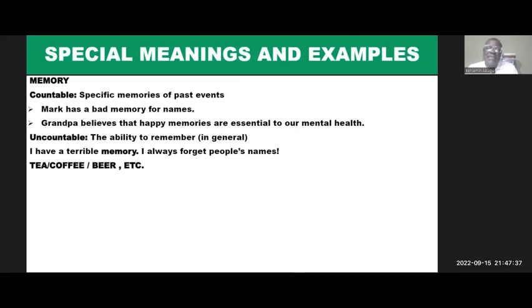Then let's look at tea, coffee, beer, and so on and so forth. Then we can use these either as countable or uncountable. And don't forget, when we are looking at an uncountable noun from its countable perspective, we are looking at its special meaning, okay? For example, tea, it's obvious that tea cannot be counted, but then we can deliberately use it as a countable noun.